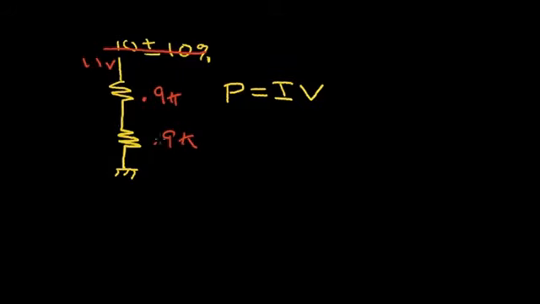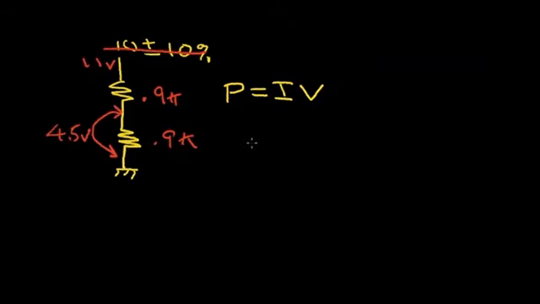And we can take that current and multiply it by the voltage across this resistor, which will be half of 11 volts. The voltage drop will divide equally among these two resistors since they're the same value.